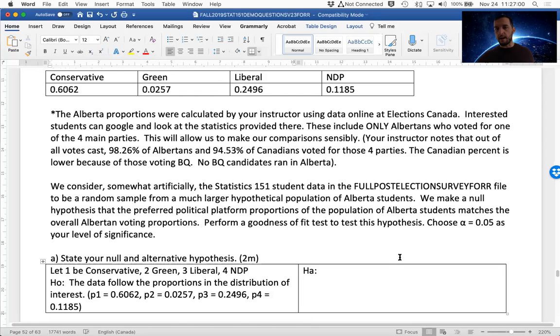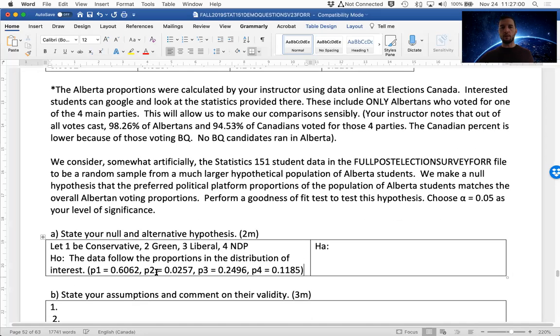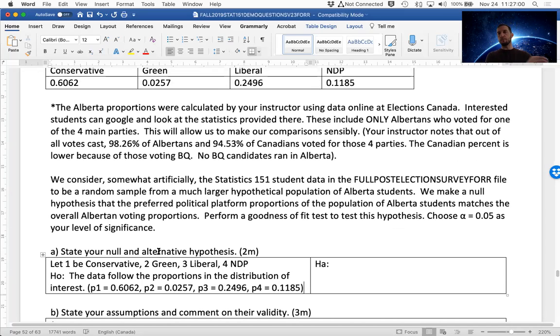So basically what we're asking here is, is there evidence that the sample that we are working with has the same proportion of voters as the population? So do we have 60.62% of people voting conservative? Do we have 2.57% of people voting green? Do we have 24.96% of people voting liberal? And do we have 11.85% of people voting NDP?